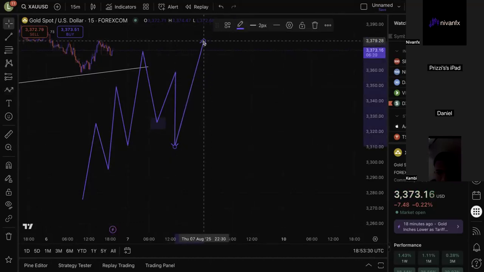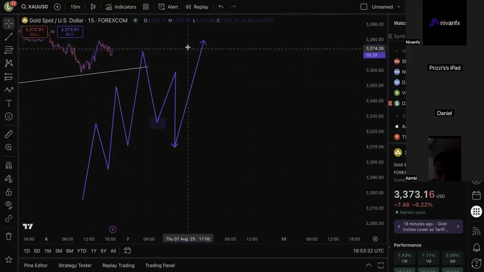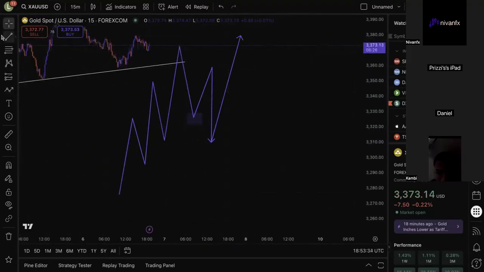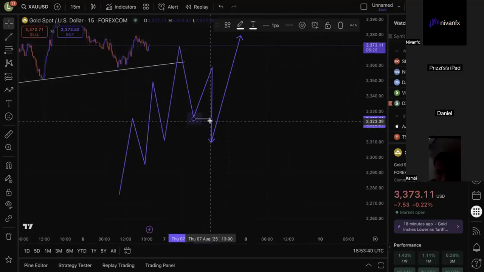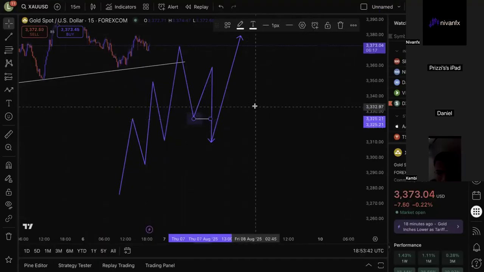Do you understand? So now the problem for most traders is the inability to spot this inducement level. That's the problem for most traders when it comes to entries. But I'll break it down to you of what it actually means.